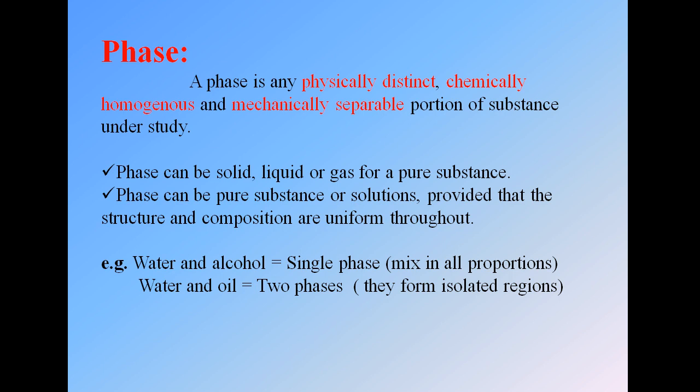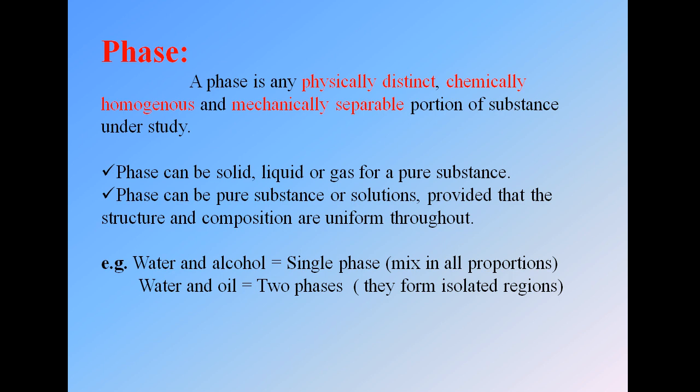We can define it as: a phase is any physically distinct, chemically homogeneous and mechanically separable portion of a substance under study. In general, we know that a phase can be a solid, a liquid, or a gas for a pure substance. First we will go through the definition.